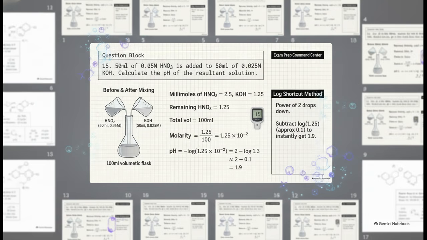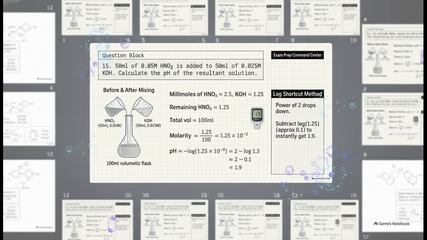Total volume equals 100 milliliters. Molarity equals 1.25 divided by 100 equals 1.25 times 10 to the power of negative 2. pH equals negative log of 1.25 times 10 to the power of negative 2 equals 2 minus log 1.25, which is approximately 2 minus 0.1 equals 1.9.